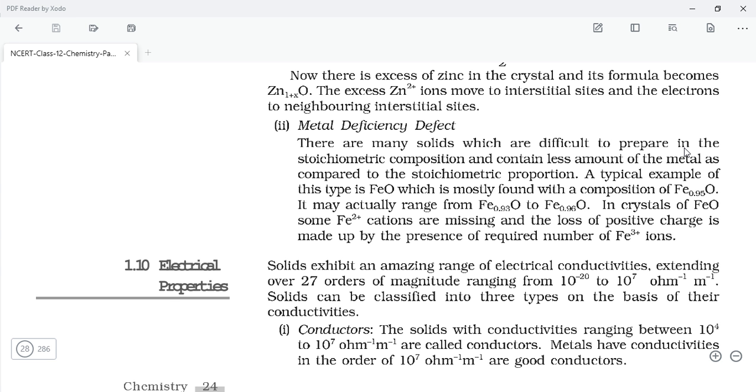So first we had the metal excess defect, and now we are studying the metal deficiency defect.